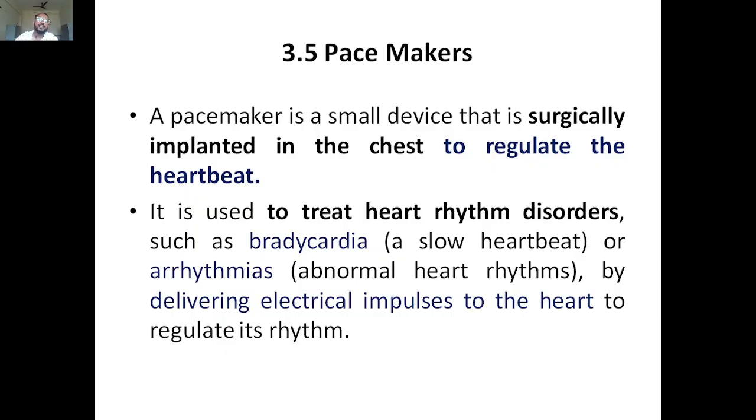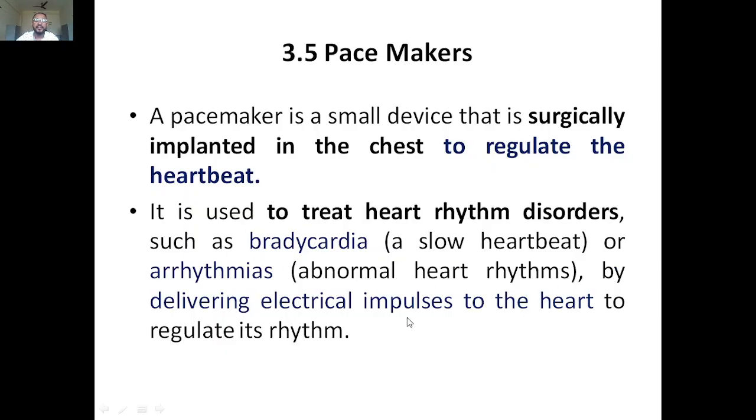Now it is used to treat heart rhythm disorders, such as bradycardia, that is a slow heartbeat, or abnormal heartbeat. We discussed arrhythmias in the previous class when we talked about ECG. Arrhythmias are nothing but abnormal heartbeats or heart rhythms.